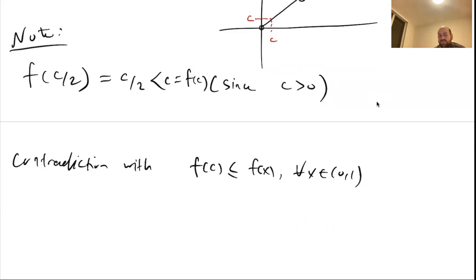But I just found another output, f of c over 2, which is c over 2, which is less than c. Okay. So that means f of x has no absolute min.